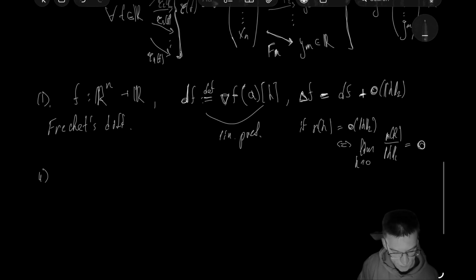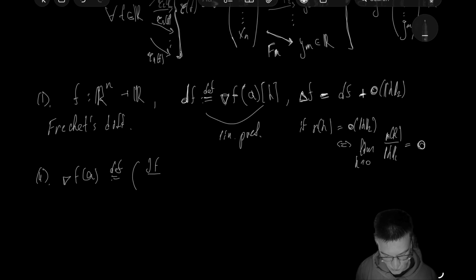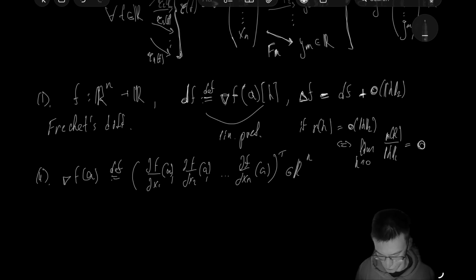So we can potentially use the same thing for the operator nabla f of a. We know by definition that this is the vector of partial derivatives: differential of f over x1, differential of f over x2, until, let's say, f over xn, and each of them considered at this a, transpose, which belongs to R^n.